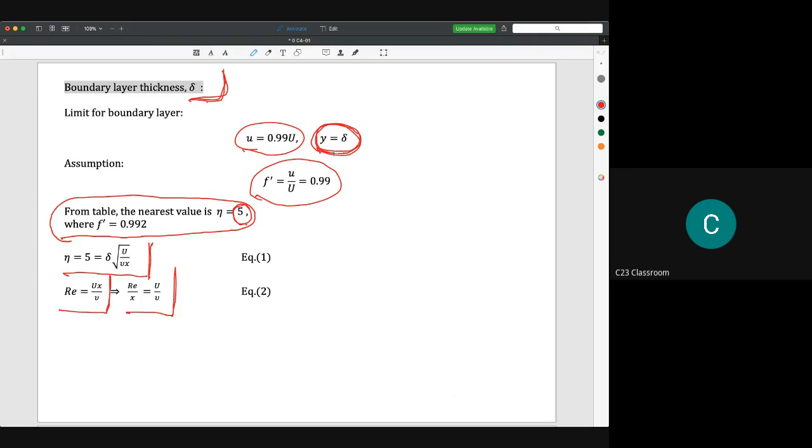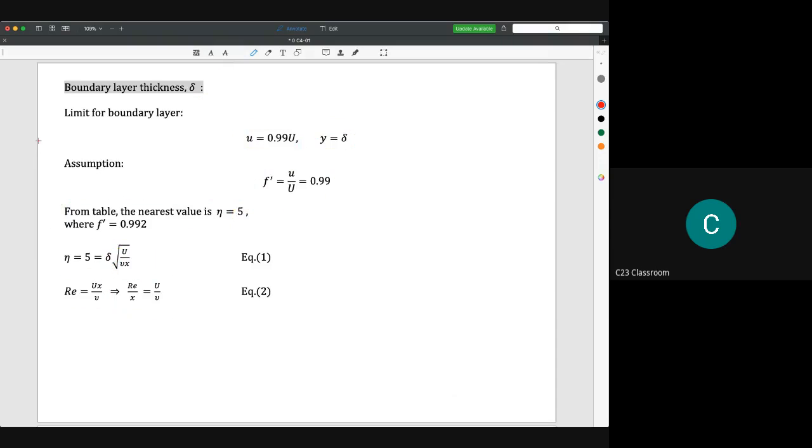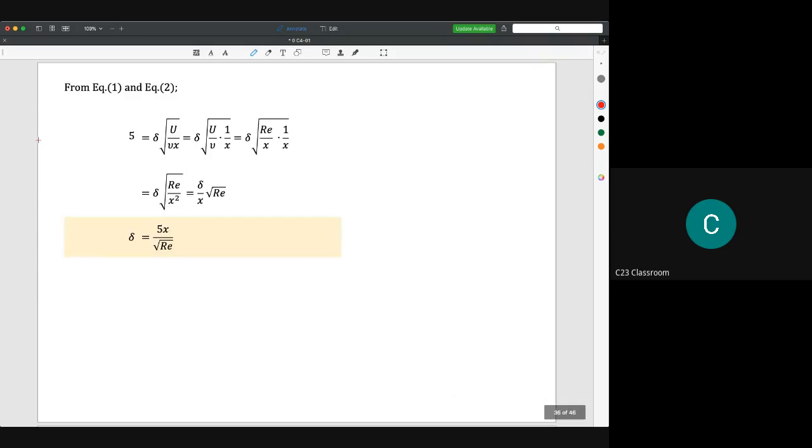That's why we have the equation here, delta. Okay. So that's why in our previous table, we get the delta from the Blasius exact solution as 5x over square root of Reynolds number. And then we continue our calculation.